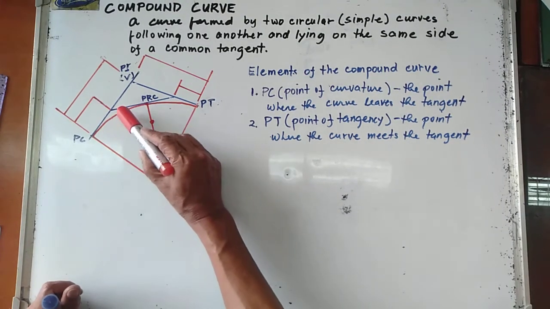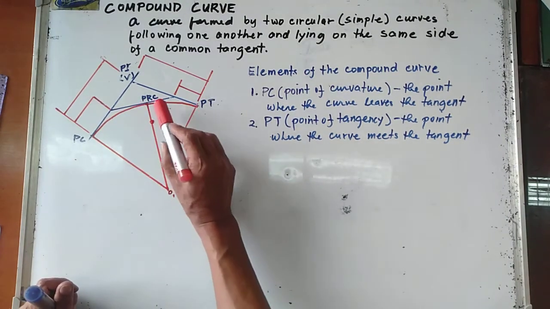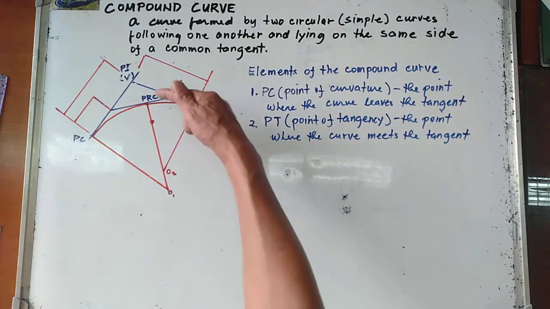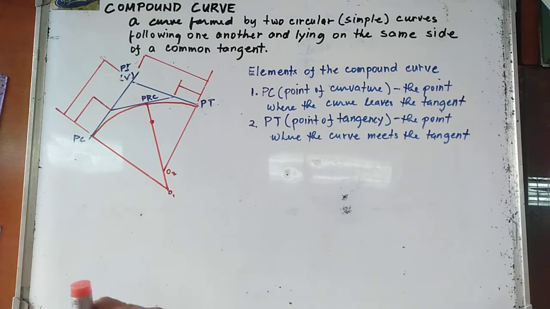So we have the two simple curves here, and this circular curve meets the tangent, which is the forward tangent.